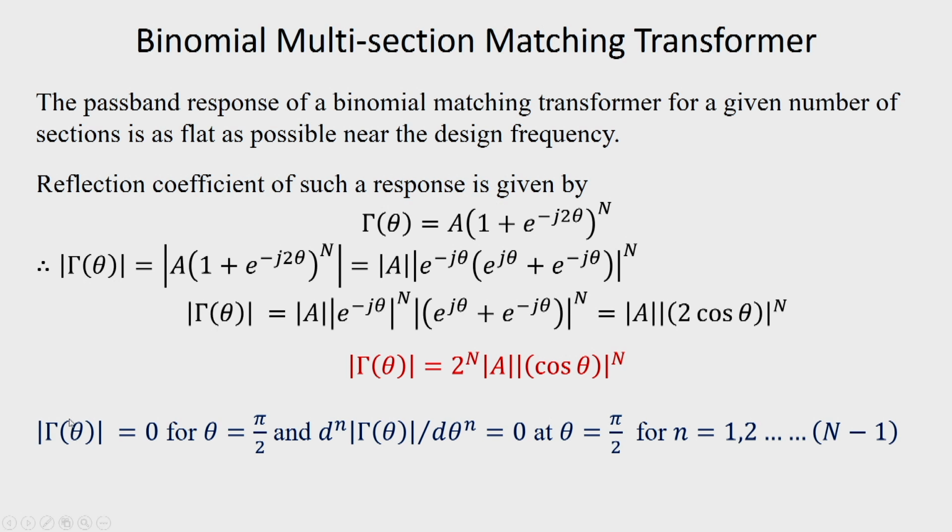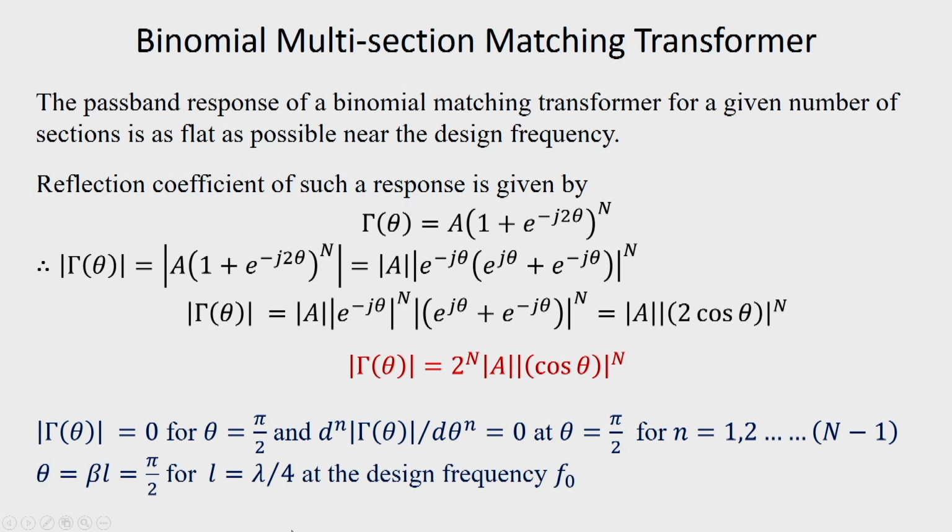Now, we can see that modulus of gamma theta is equal to 0 for theta equal to pi by 2, and the nth derivative d n modulus gamma theta d theta n is equal to 0 at theta equal to pi by 2 for n equal to 1, 2, up to capital N minus 1, and we find that theta equal to pi by 2 corresponds to L equal to lambda by 4.